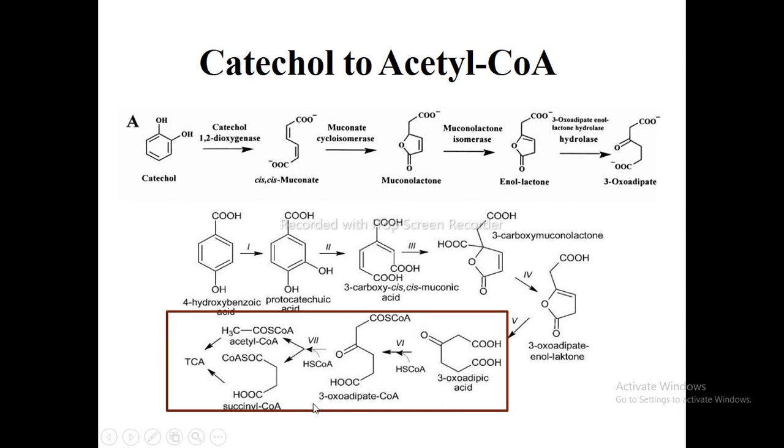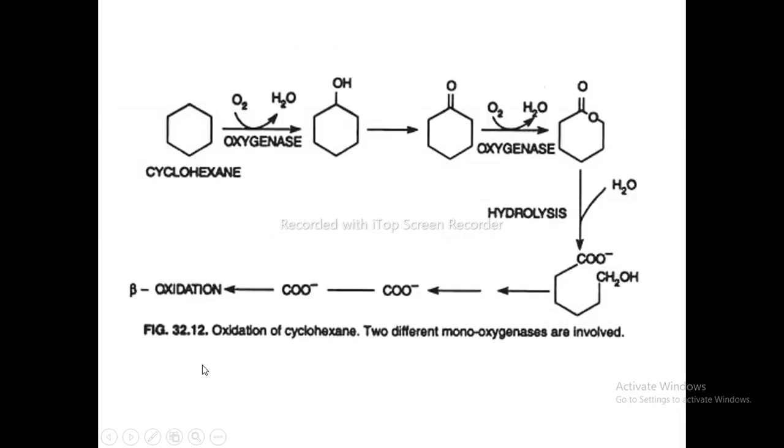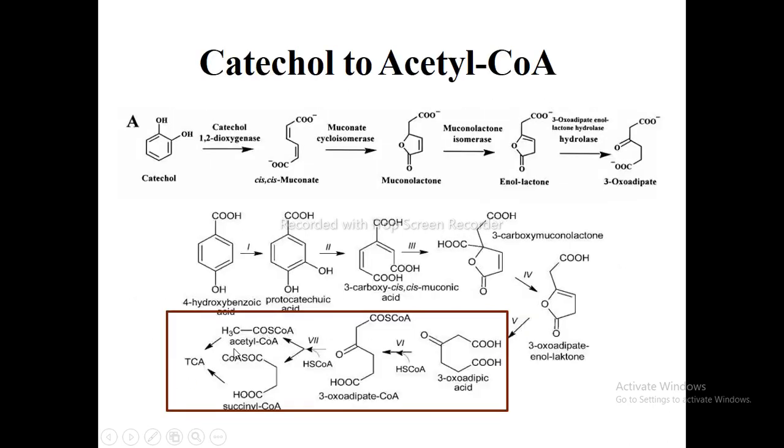So first we get oxoadipate coenzyme A, and then we get acetyl coenzyme A and succinyl coenzyme A. And you know that these are really popular names, acetyl coenzyme A and succinyl coenzyme A. So these compounds are then channelized through the TCA cycle, right? So catechol compounds like catechol and their isomers can ultimately make their way. Their carbon will be recycled to the more readily assimilable molecules like acetyl coenzyme A and succinyl coenzyme A.